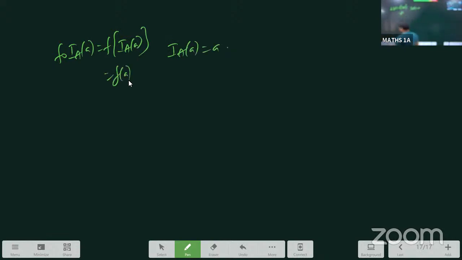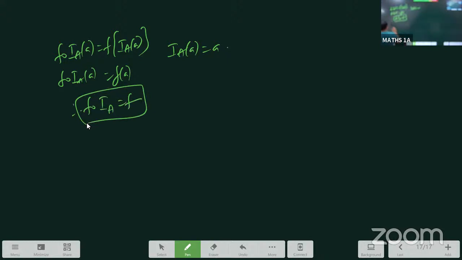So f circle Ia of a is f of Ia of a. But what is Ia of a? Identity function, a only I get. Means that is nothing but f of a. Correct? So therefore, f circle Ia of a, I got f of a. Therefore, f circle Ia is equal to f. This we proved.